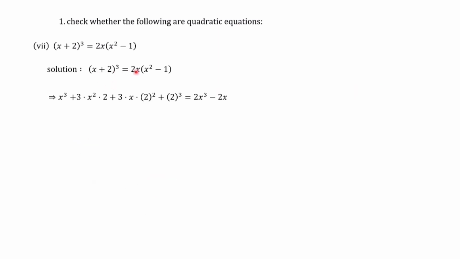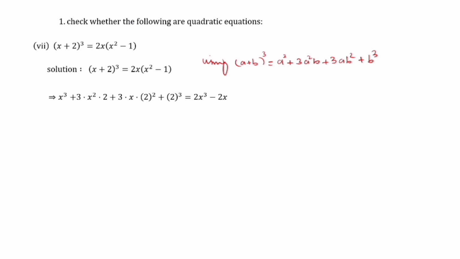So here, this question 7, using (a plus b) cube. The formula here is a cube plus 3a squared b plus 3ab squared plus b cube.